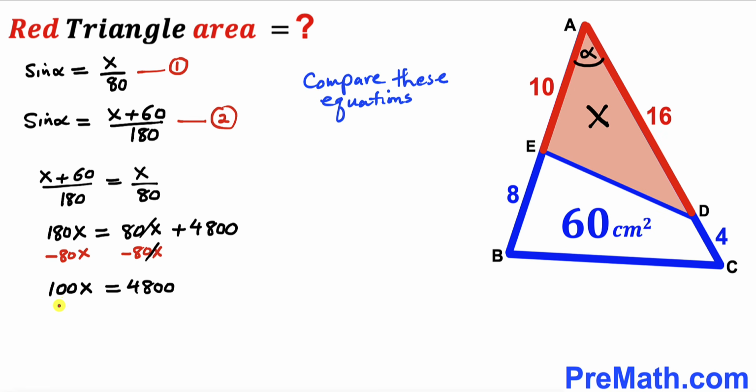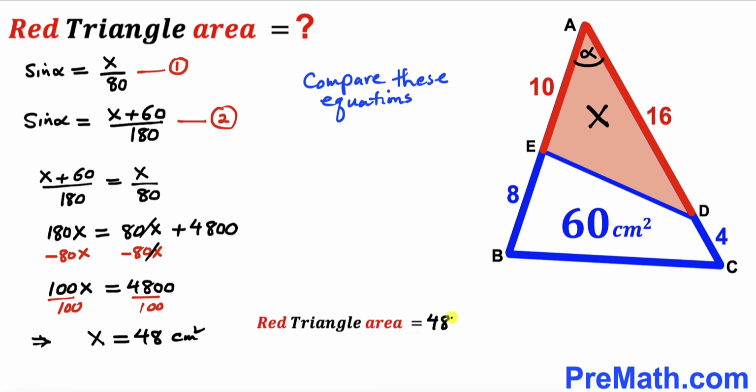Now I am going to divide both sides by 100 to isolate X. Our X value simply turns out to be 48 square centimeters. We know X represents the area of the red triangle, so the red triangle area is 48 square centimeters.